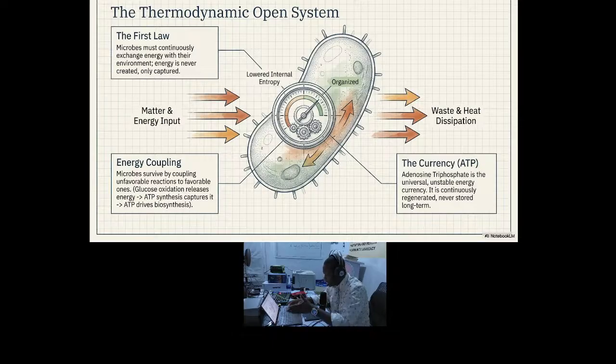The energy can only be converted from one form to another. You can see that matter and energy inputs are coming towards it. And don't forget what we call entropy in chemistry. Entropy is talking about the internal reaction.